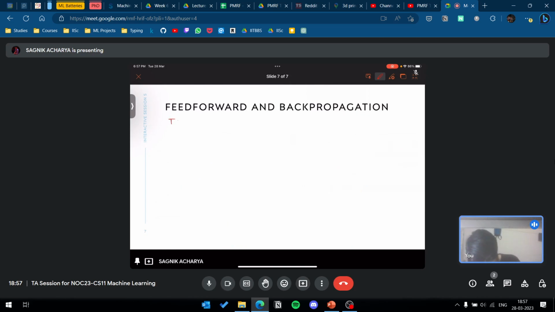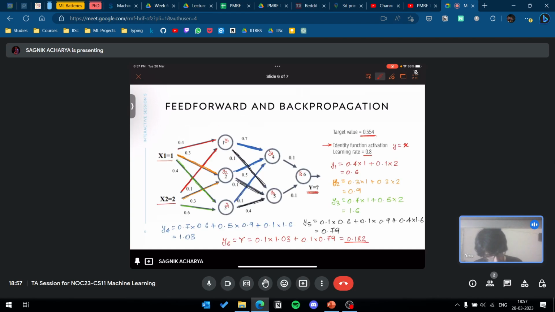So my t is 0.554, y is equal to 0.182. So now for a neural network, we'll calculate something called the delta. So the delta is basically t minus y, right?